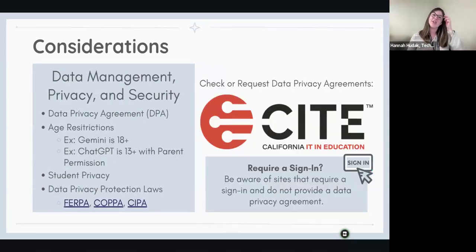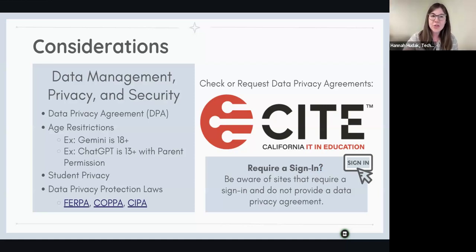A second thing we need to consider when using AI in our classrooms is so important, which is that data management, privacy, and security piece. So, when we are using AI platforms or these online tools, we want to make sure that we have data privacy agreements with them. And the way that we can do this is by using a website that we have here in our district called Site.